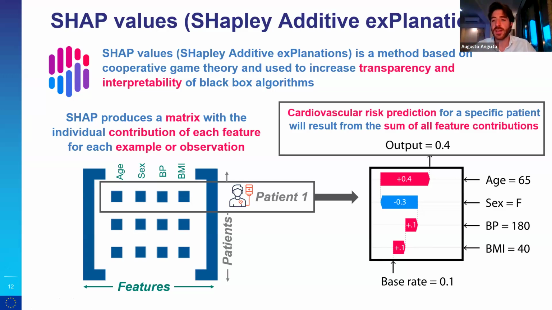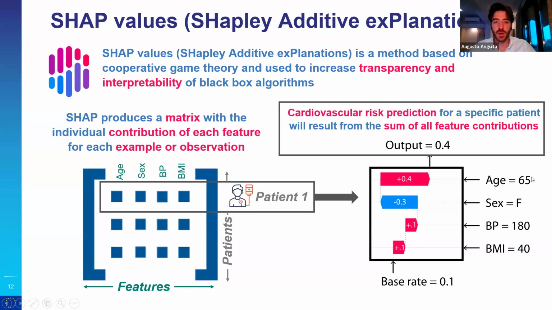And finally, we can see that age, being 65 years old, is the highest risk factor here in this model. For example, it can be about cardiovascular risk prediction. And the final model output for this patient will be the total sum of all features' contributions.